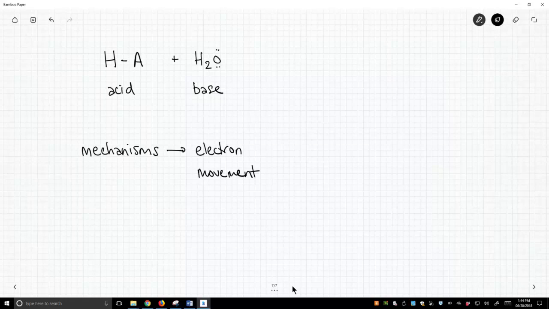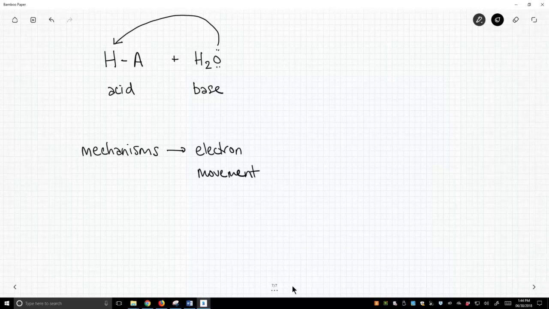So when we draw a mechanism, we are moving electrons. And so we show electron movement with arrows. And those arrows start where the electrons are. And water has 2 electron pairs. So we're going to start with a lone pair. And that lone pair is going to interact with that hydrogen atom. Now, how many bonds does hydrogen typically make?